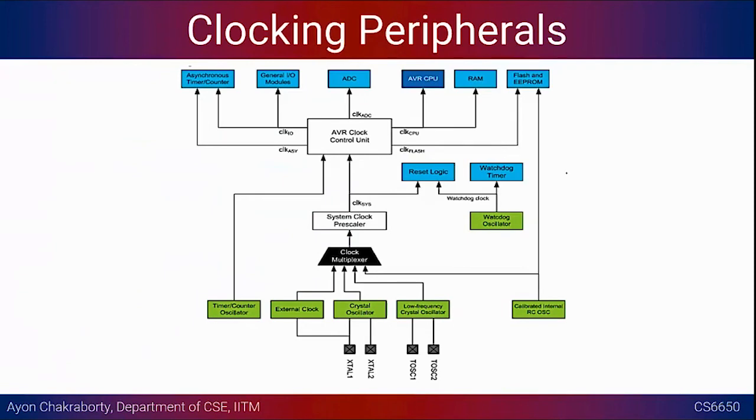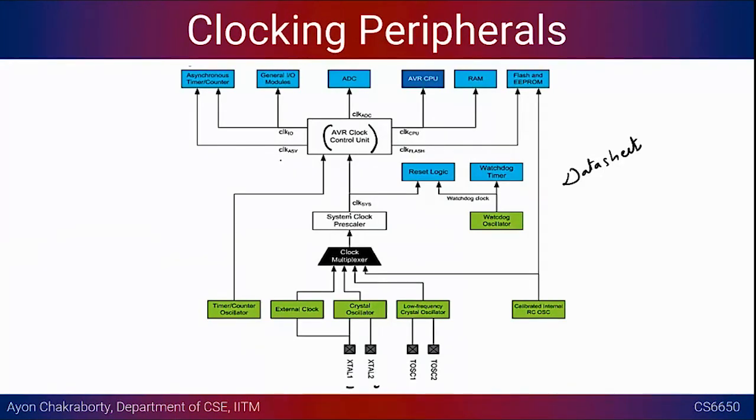This is an image that is already available in the data sheet. Please look into the data sheet. It represents the same thing, and you might have multiple crystal oscillators. So there is a clock multiplexer which takes multiple clock inputs, and at the end of the day you are going to feed only one clock to your system. The system clock goes to this AVR clock control unit, which gives rise to so many things.